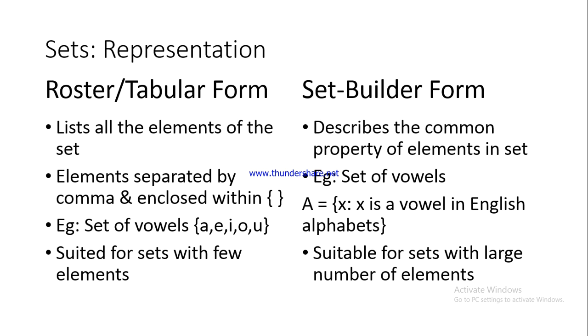Can you keep on writing till infinity? You would not be able to do that. In that case, the roster or tabular form is not what you are going to use. You would be using the set builder form, and you can always write B is equal to {x : x is an odd number}. So this is how you are going to use the set builder form here.